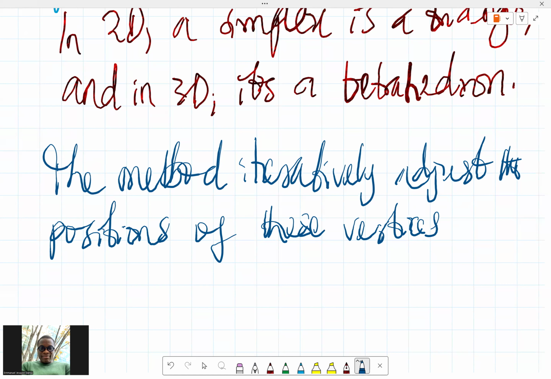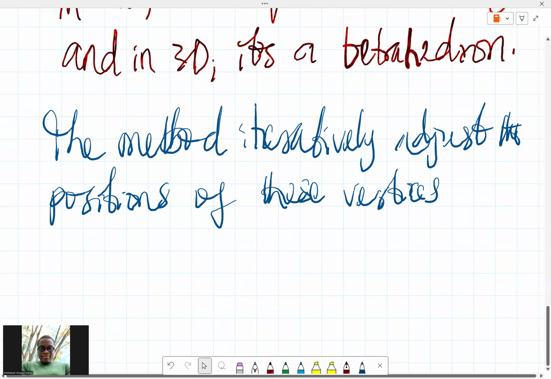The method iteratively adjusts the positions of these vertices to explore the function space, always attempting to reduce the value of the objective function.